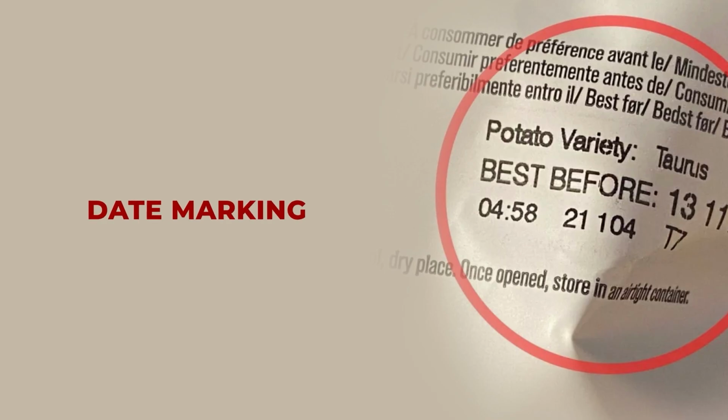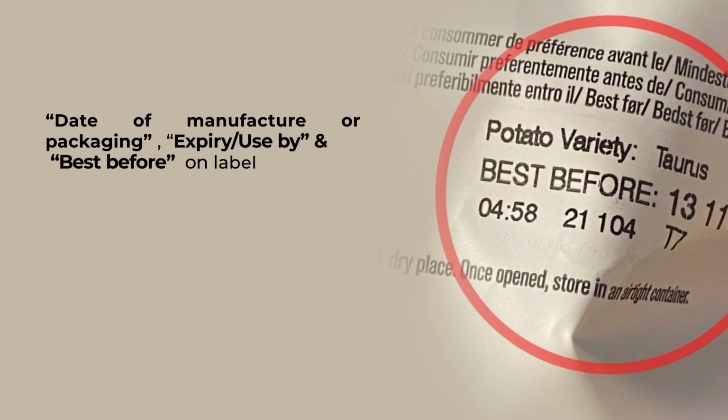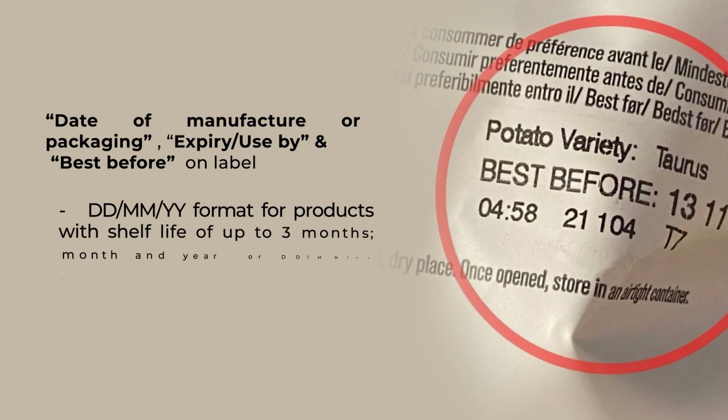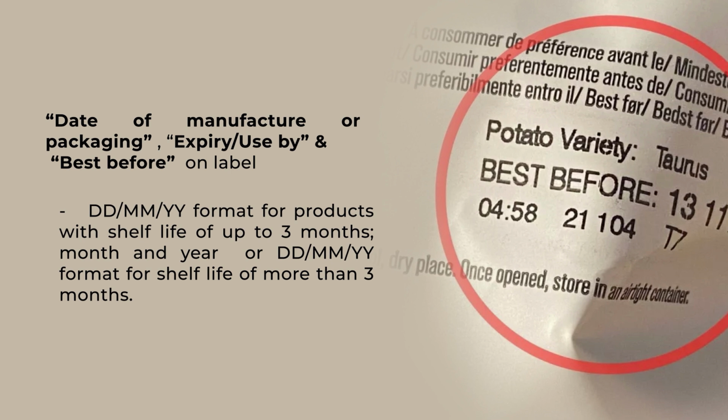Date marking. So, which dates are important? The date of manufacture or packaging and the expiry or use by date, and sometimes the best before date is also mentioned on the label. If the shelf life of the product is up to 3 months, then these dates should be mentioned in the DD, MM, YY format. So, day, then month and year.